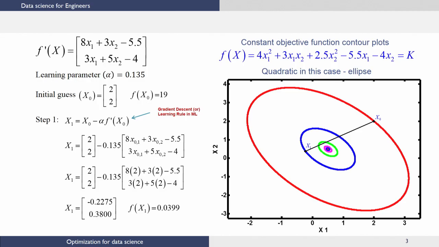So, if you think about constant objective function values, then what you think about is a constant z value in the previous graph, and a constant z value would be a plane which will be parallel to the plane of the decision variables x1 and x2. When that cuts the surface that we saw in the previous graph, then you have what are called these contour plots.